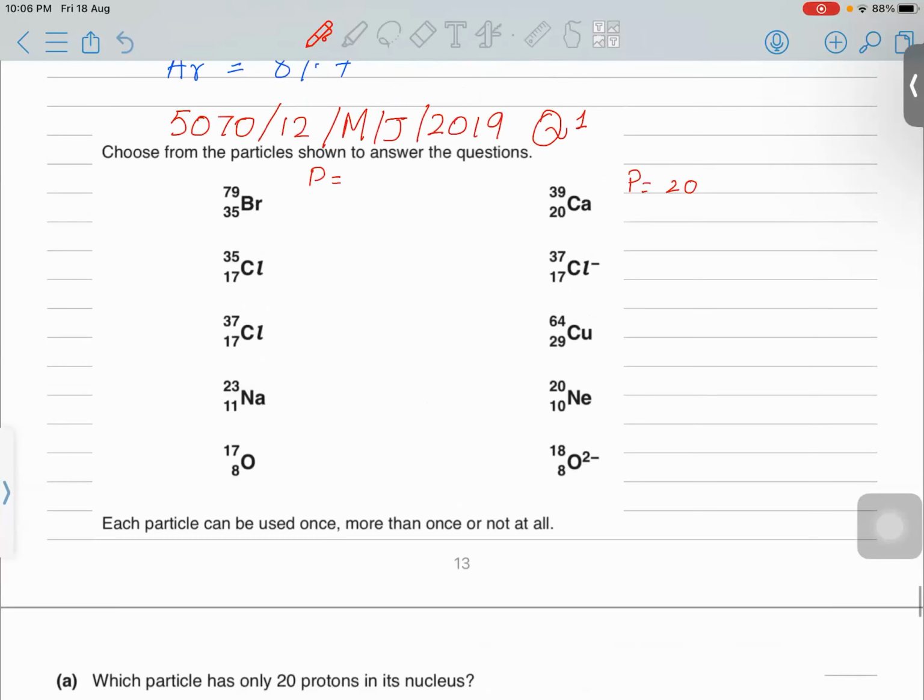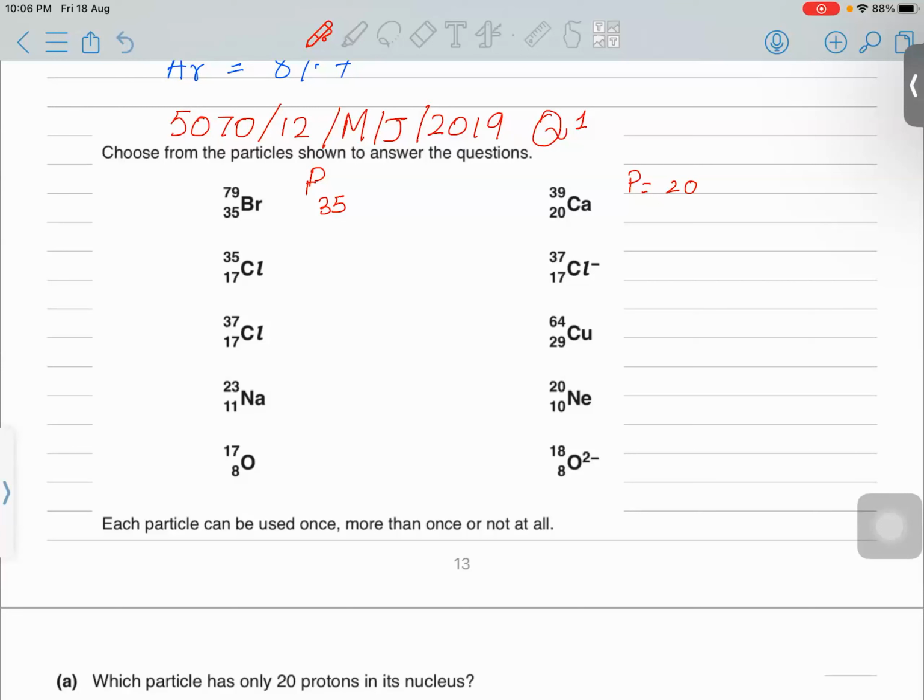So can you find the proton number of all the elements? Except for the Cl minus, the proton numbers will be 35, 17, 17, 11, 8. The number of protons for Br is 35.